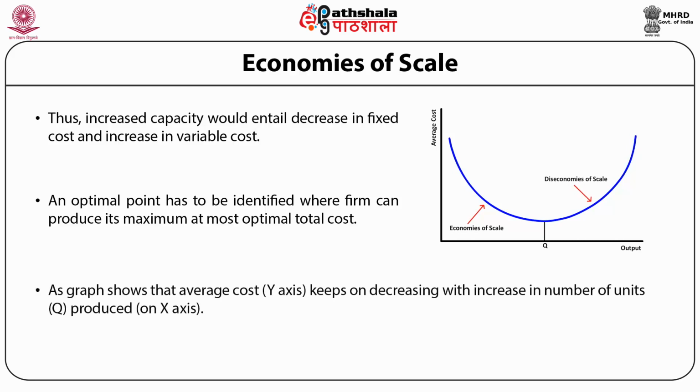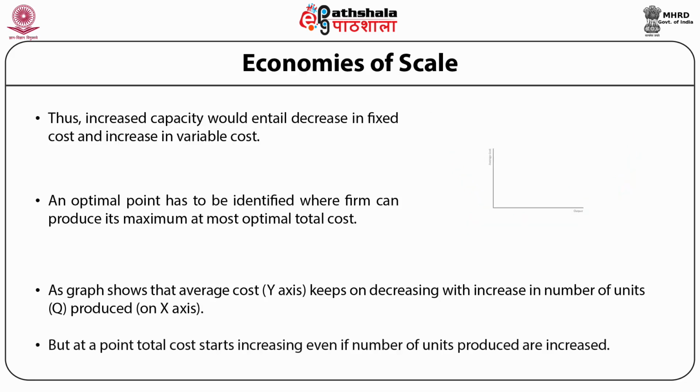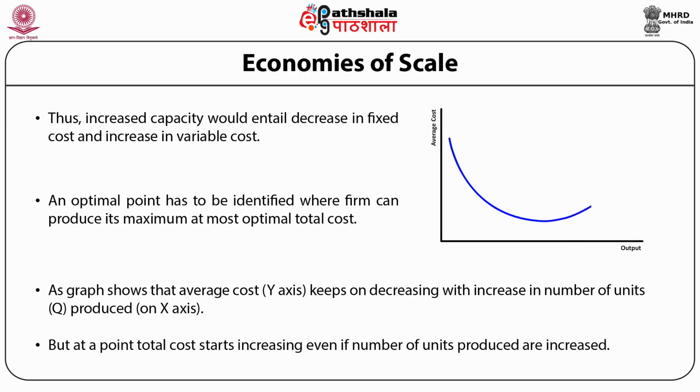A graph shows that average cost on the y-axis keeps on decreasing with an increase in the number of units Q produced on the x-axis. But at a point, total cost starts increasing even if the number of units produced is increased.